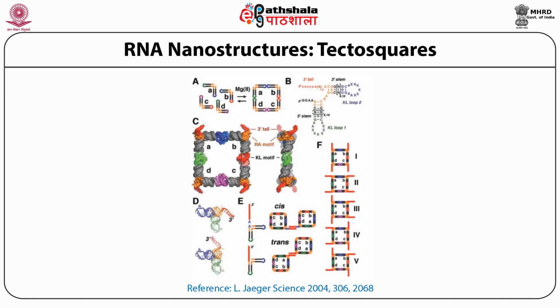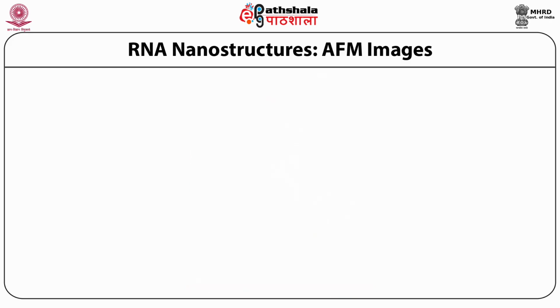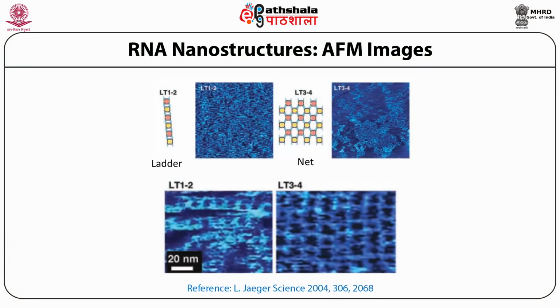C shows the 3-dimensional construction of the Tectosquares, and you can see Tectosquares have 4 different sticky ends, which can join together. Ideally, they can form a 2-dimensional lattice structure. Here you can see the formation of these Tectosquares, which can be utilized for RNA nanostructures in different dimensions.